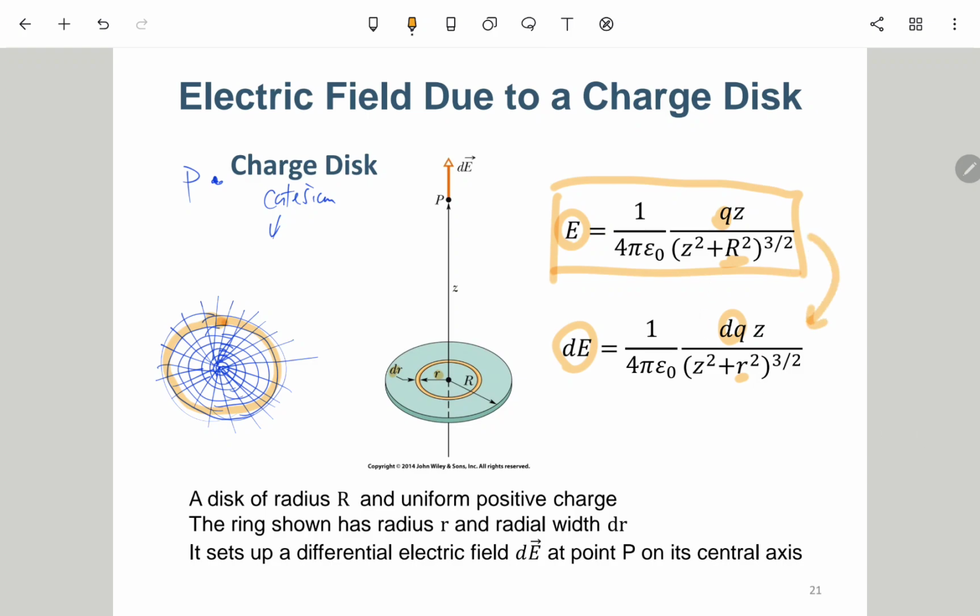We make use of the knowledge of the E field generated by a charged ring for this charged disk. And then we change the corresponding variable, and then we integrate this thing for r from 0 to capital R. Of course, we would like to do some change of variable.